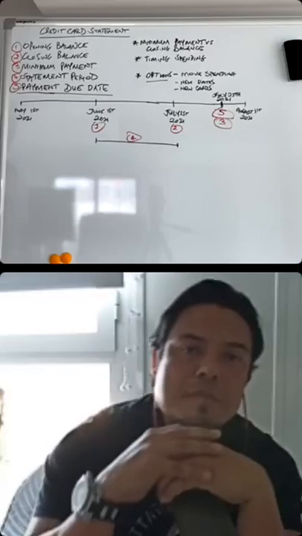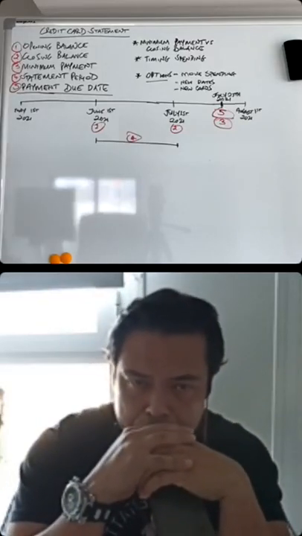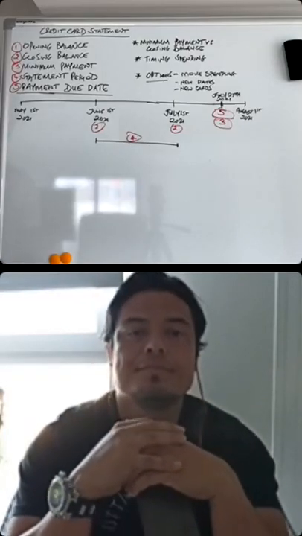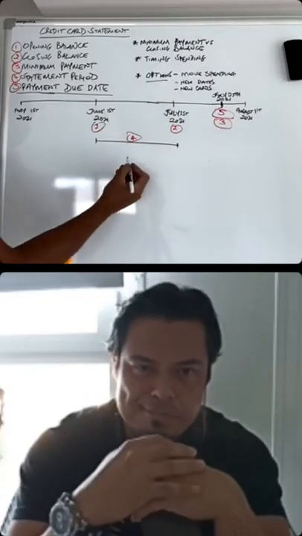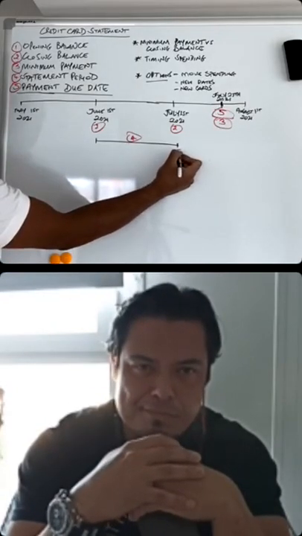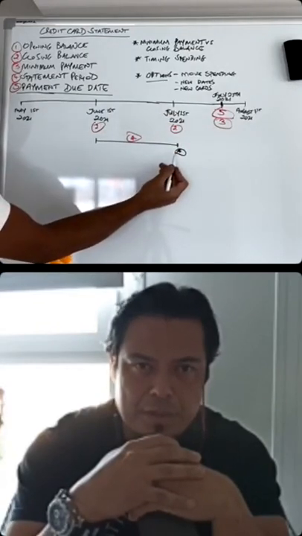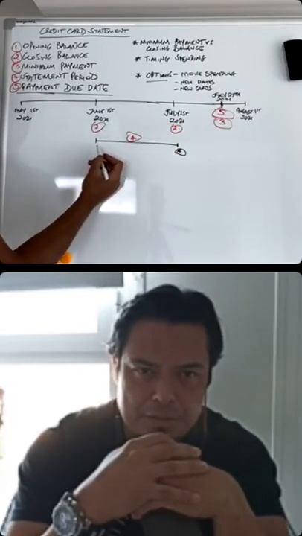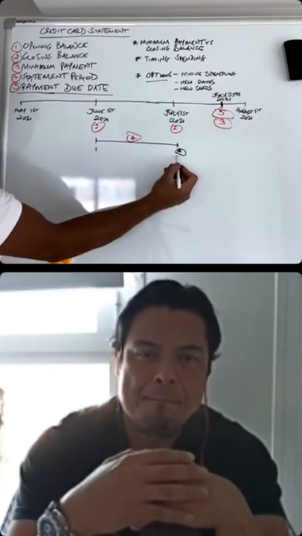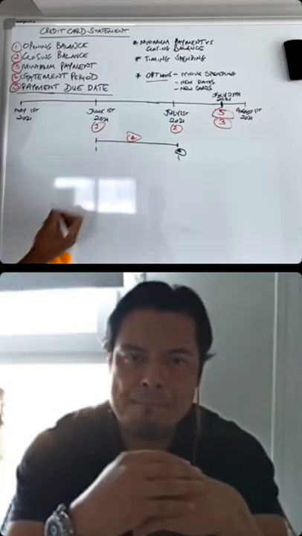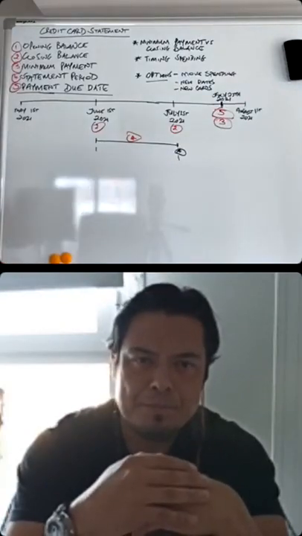So we're going to work with a hypothetical: you received your credit card statement here on the 1st of July. That credit card statement covers all of your spending from the 1st of June to the 30th of June. So that's the hypothetical we're working with.